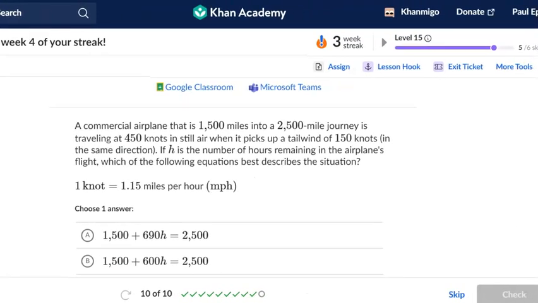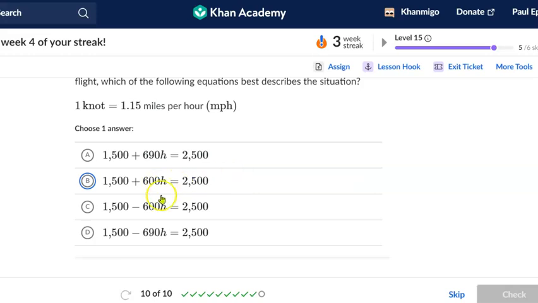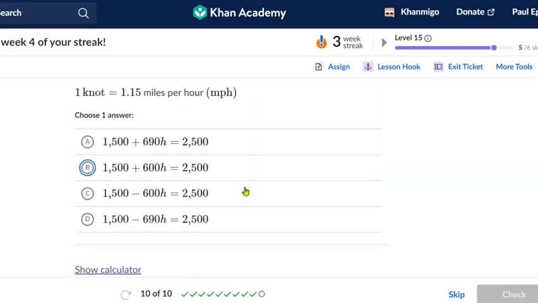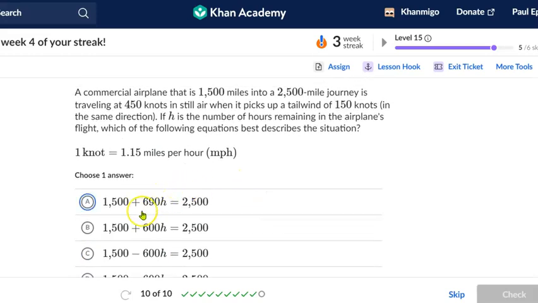So we've got 1,500. The 600 doesn't help because that's in knots, and subtracting 690 from 1,500 is definitely not going to get us to 2,500. So 1,500 plus 690 miles per hour. How many hours is it going to take to get to 2,500? We got to go with A.